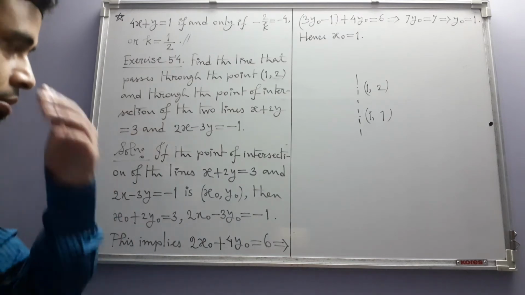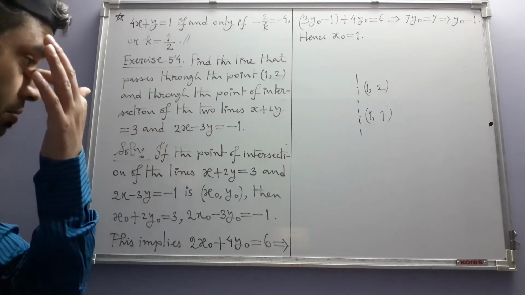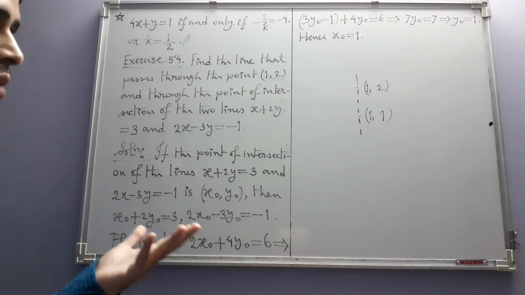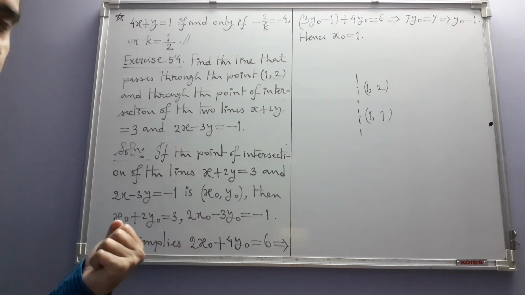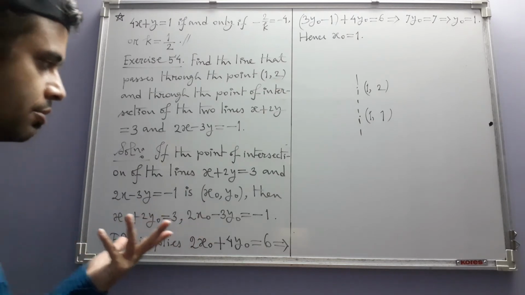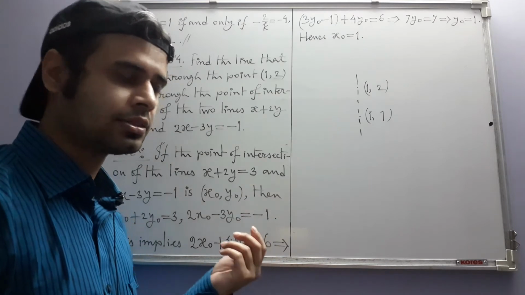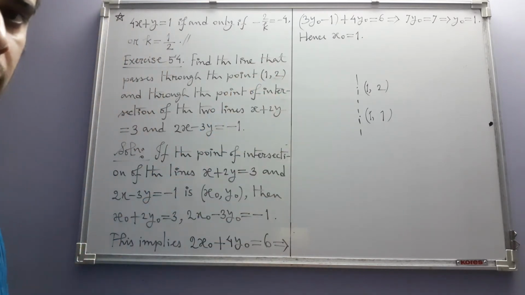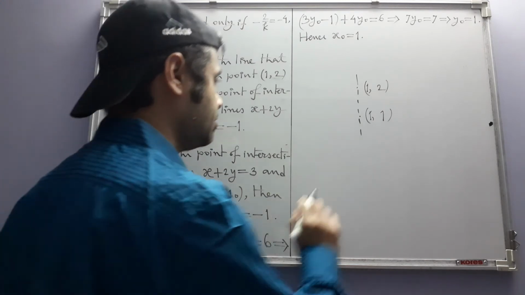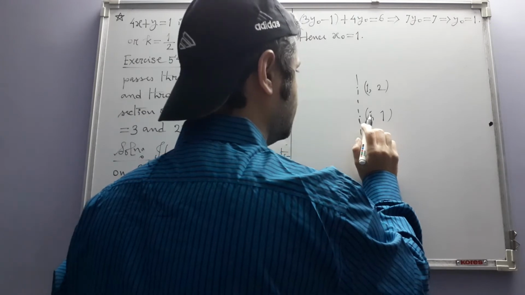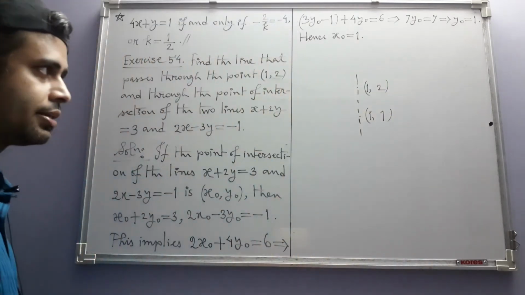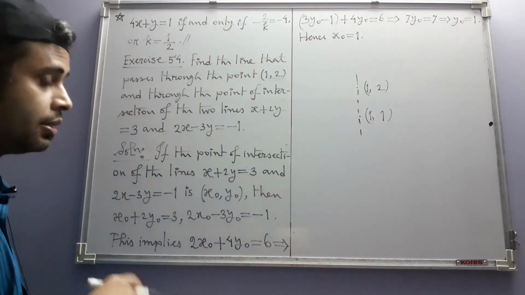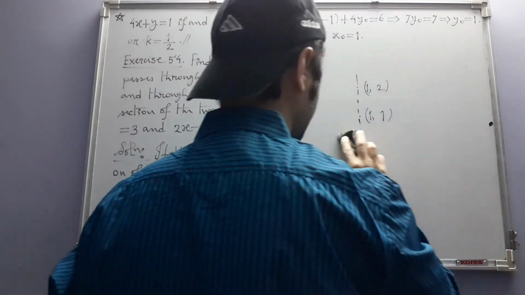So the equation actually will be x equal to 1, which of course you will also find if you follow the point slope form of the equation. That way also you can do, but oh wait, slope you cannot find because the line is vertical, so slope will be undefined. So instead let us write like this.